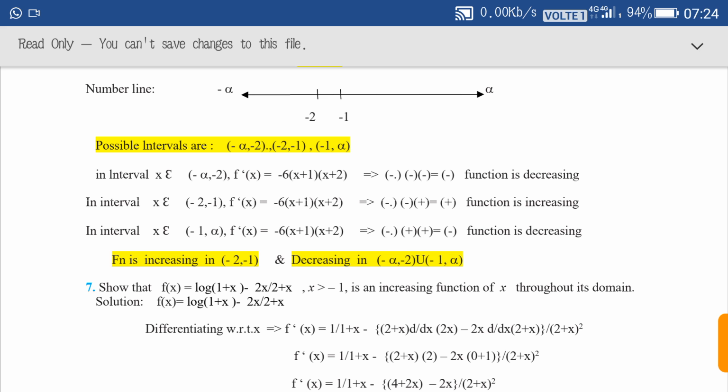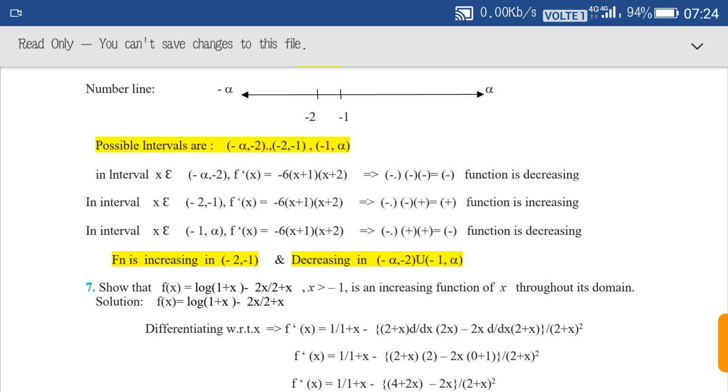So minus 6 has a minus sign, x plus 1 will have a positive sign because the values are more than minus 1, and x plus 2 will also give a positive sign.